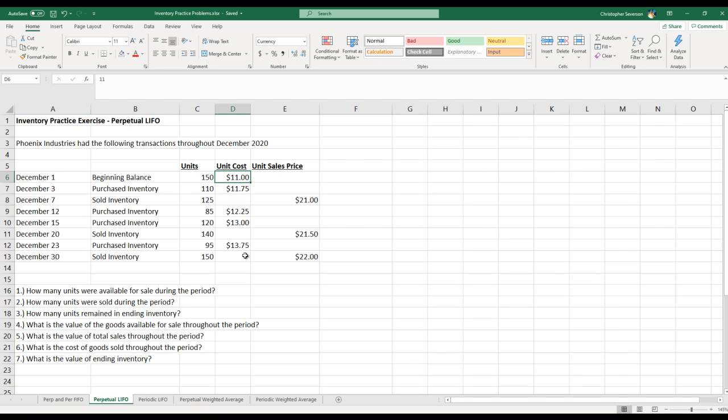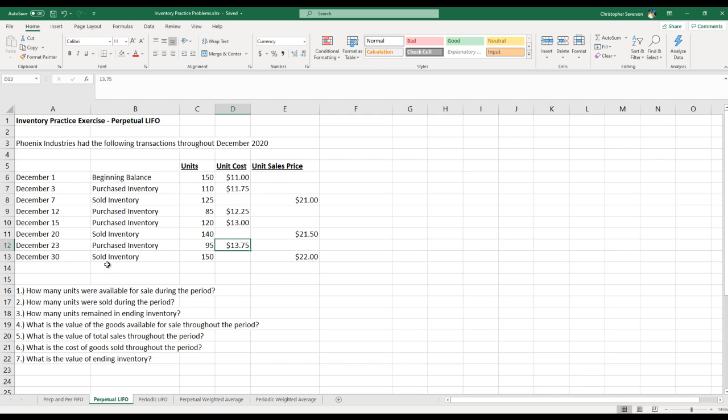The reason we do that is just to really show the difference between the methods. If everything was just $1, and it never changed throughout the period, then it wouldn't matter what method you used because you'd have the same results. So a lot of textbook problems show rather drastic increases or decreases sometimes, just to show why it matters to do this right.